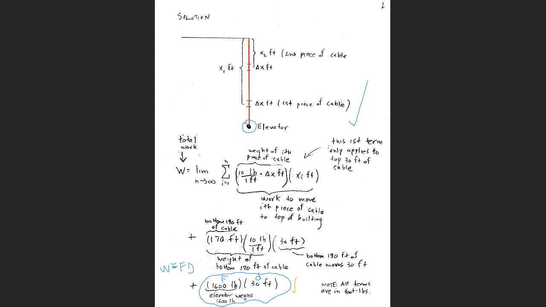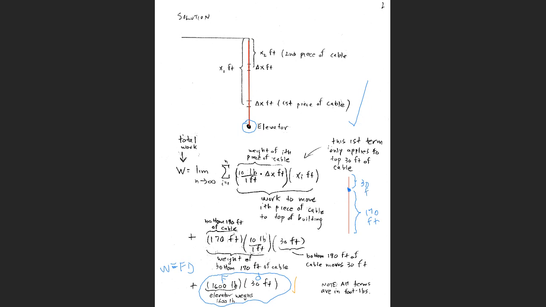So the thing is, you have this cable. Maybe I'll just draw the cable right here. What I'm doing is taking the cable and splitting it into the bottom 170 feet of cable and the top 30 feet of cable.